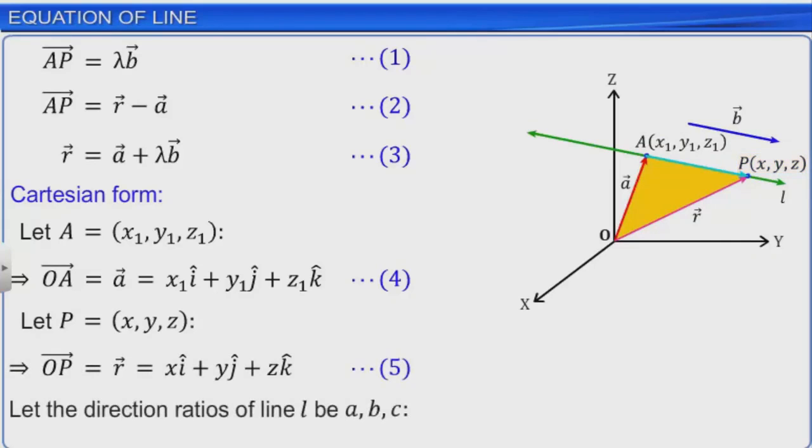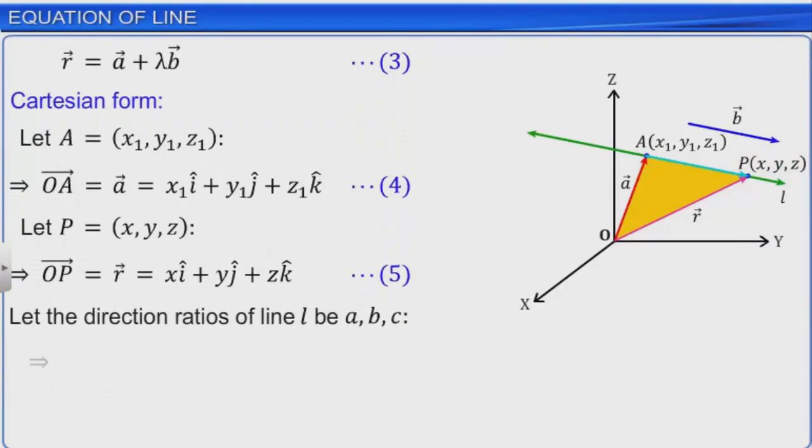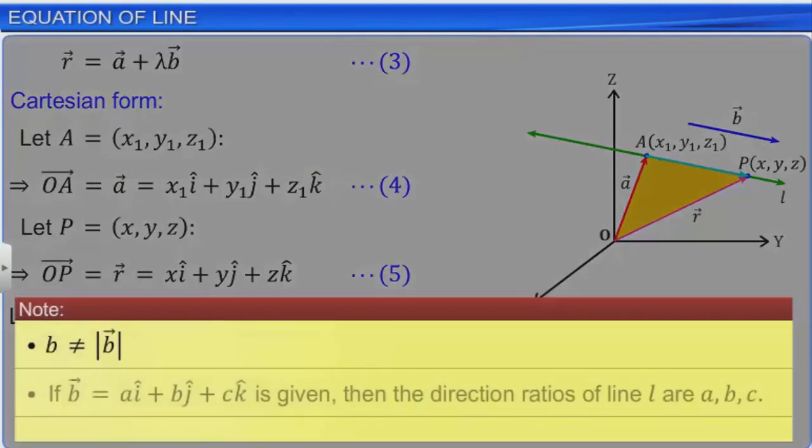If the direction ratios of line L are given, we can find vector B that is parallel to line L as shown. Note that B is the direction ratio of line L along the y-axis and not the modulus of vector B. Also note that if vector B is given in its component form, then we can find the direction ratios of line L as shown.